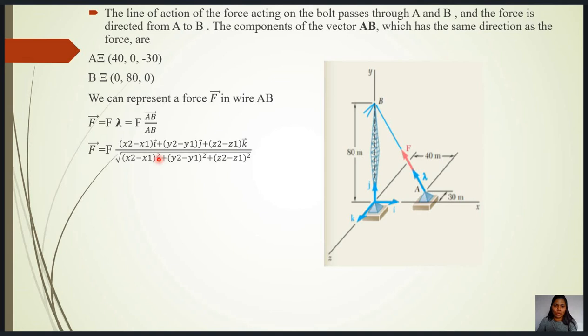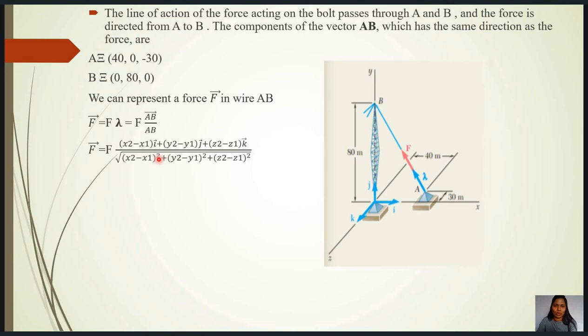So let us assume the coordinate of A is x1, y1, z1 and the coordinate of B is x2, y2, z2. So the equation becomes F bar vector is equal to F into x2 minus x1, that is 0 minus 40i, then y2 minus y1, 80 minus 0j, and 0 minus of minus 30, that is 0 plus 30k, then divided by the square root of that term.